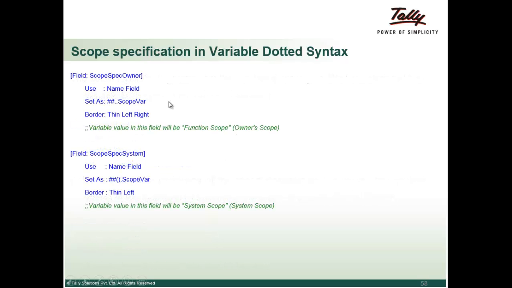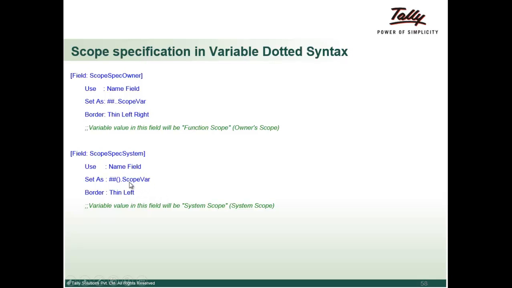Now what if I want to access the value from the system scope? I write hash brackets dot scopeware. When you give brackets dot, it means that you are accessing the value from the system scope.